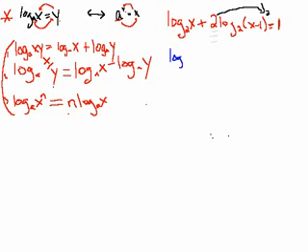So we have log base 2 of x plus log base 2 of (x plus 1) squared equals 1. So far, so good? Now, which rule are we going to use?